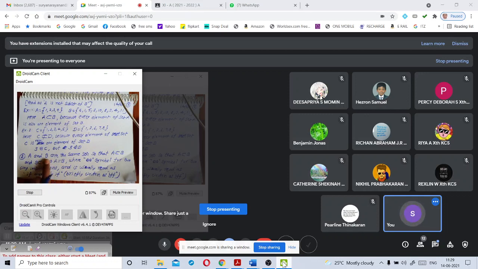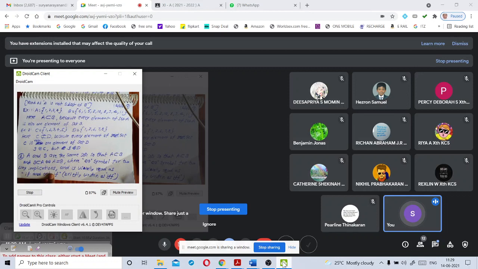This symbol stands for double implication or two-way implications and is usually read as if and only if. We can read it as double implies or as if and only if. And sometimes we write it as IFF.